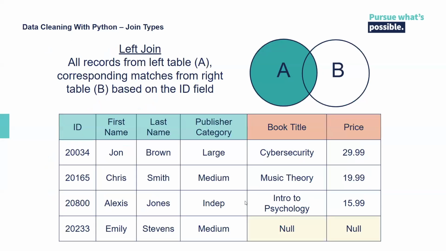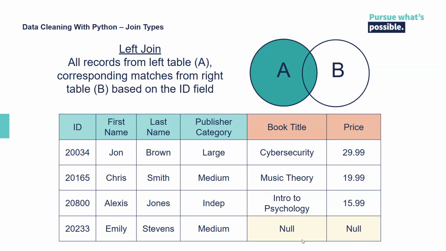Back to our tables A and B. If we do a left join, it's going to give us all of the records from table A and only the records from table B that matched. We can see that in our book table, we did not have any records by the author Emily Stevens, and so we have a null here for that particular row.